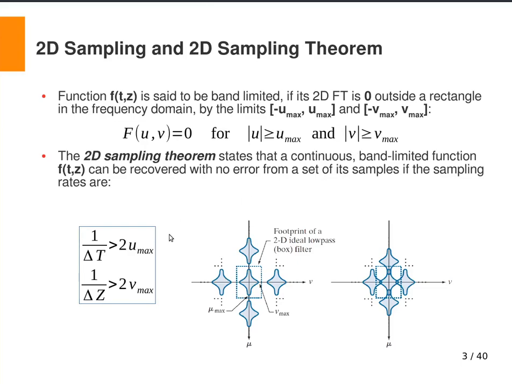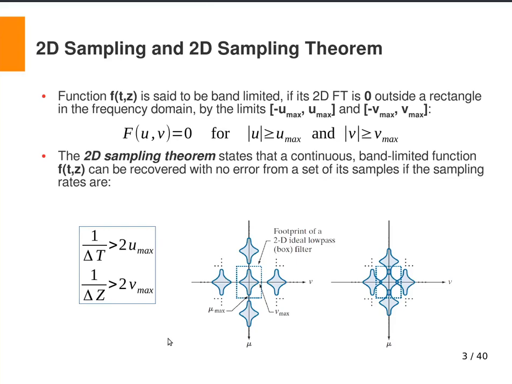That happens only if the sampling rate over the two variables t and z follow these two constraints. 1 over delta t, the sampling rate in the t dimension, should be larger than 2 times u max, and the sampling rate in the z direction, 1 over delta z, should be larger than 2 v max.